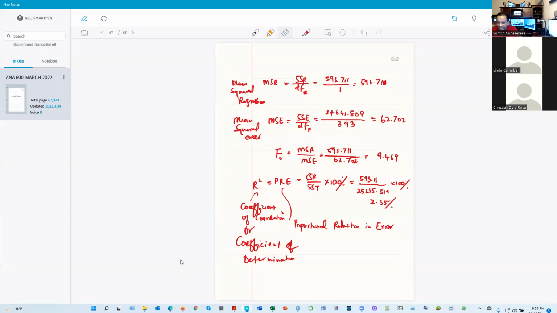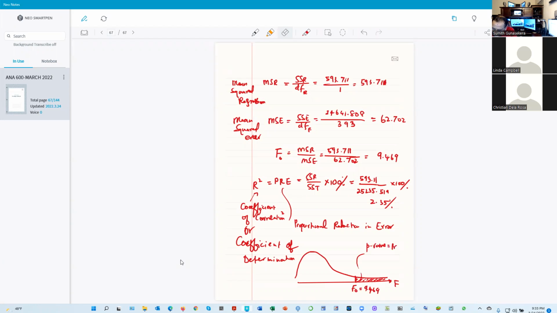The last one, the F one, you have the F distribution. We go to F naught, which we know is 9.469. As for the p-value, the p-value is a probability.